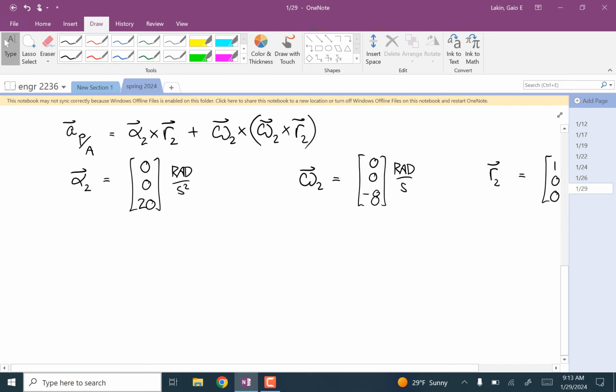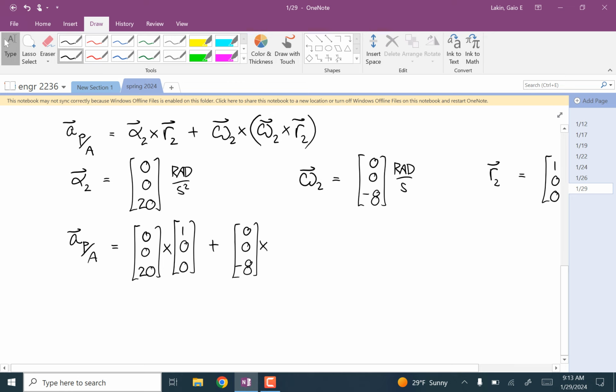And so the acceleration of P relative to A is 0, 0, 20 crossed with 1, 0, 0, plus 0, 0, negative 8 crossed with the quantity 0, 0, negative 8 cross 1, 0, 0.